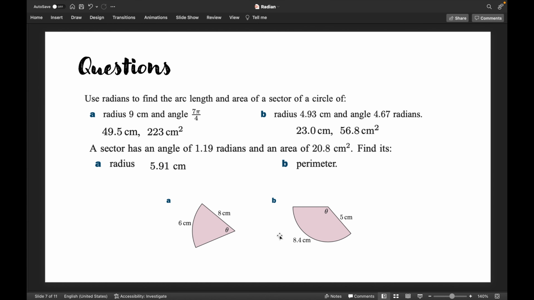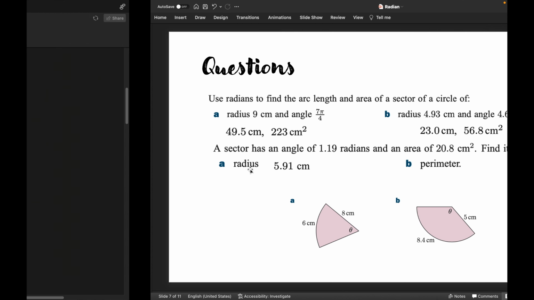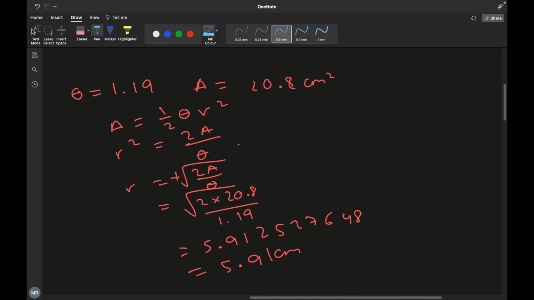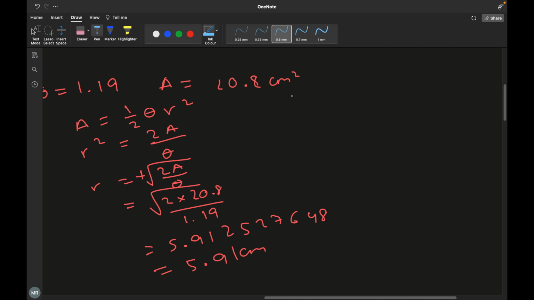And now we have to find the perimeter of the sector, I think. Probably. Yeah, so to find the perimeter, let's draw the sector. Ignore the bad drawing, but yeah. So this is r, theta, r.